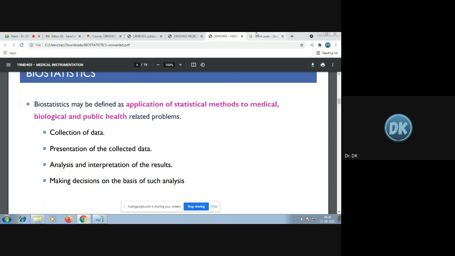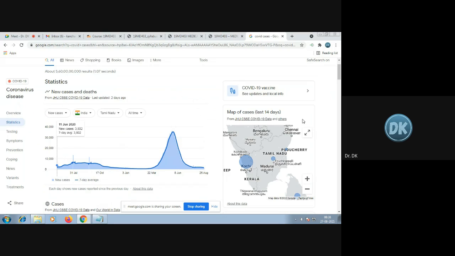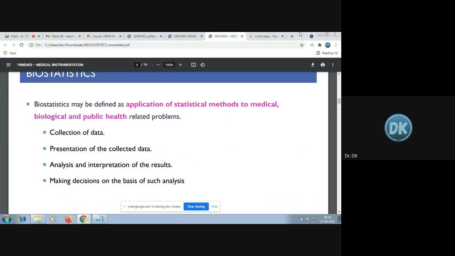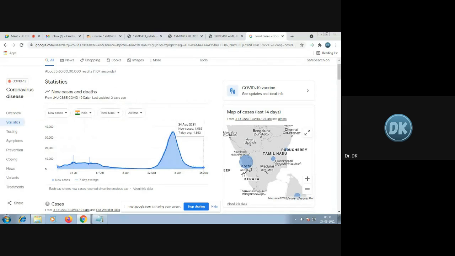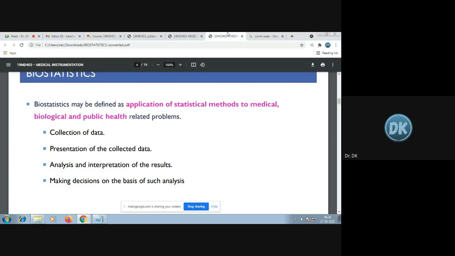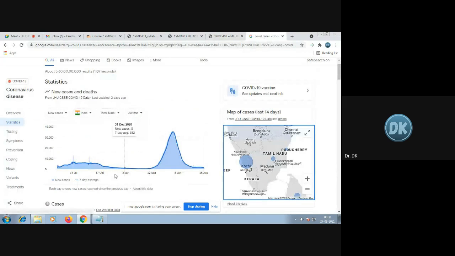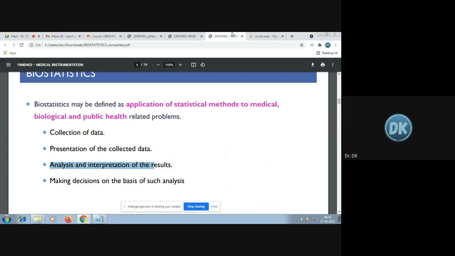Like I showed here, we collect the data of COVID cases and then we present the data. We either plot it in the form of a graph or bar chart or something like that. And then you analyze and interpret the results. Based on the data, you will say in the month of July the number of cases is like this, in the month of August the number of cases is like this, and you make decisions based on such analysis.